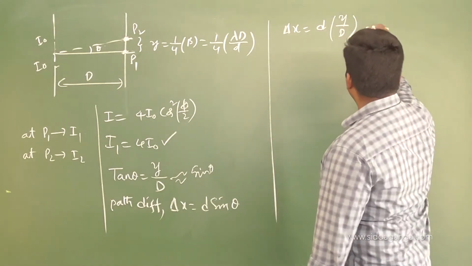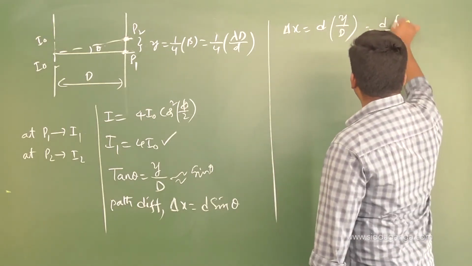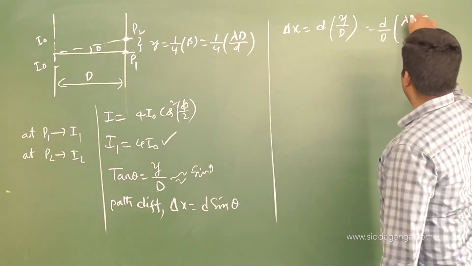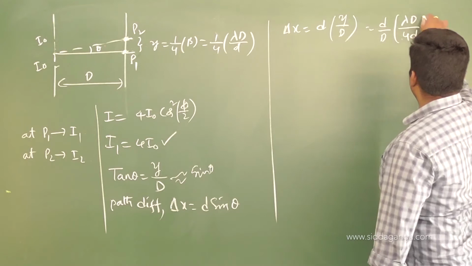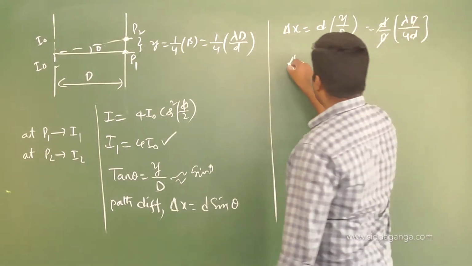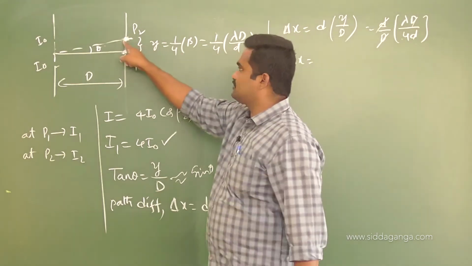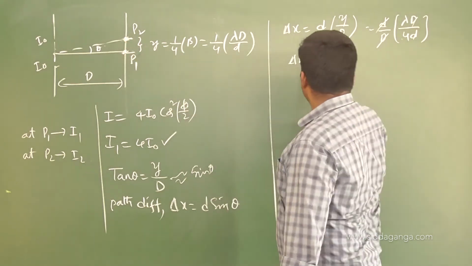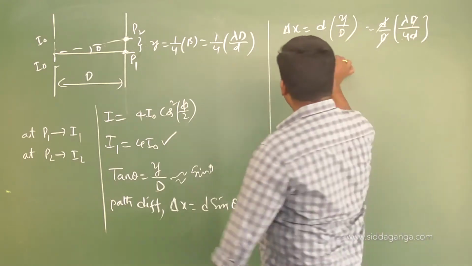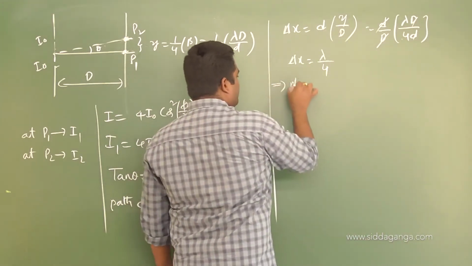So delta x equals d by capital D into y, and the value of y is lambda capital D by 4d. Capital D cancels, and finally the path difference for the waves reaching point P2 is delta x equals lambda by 4. If the path difference is lambda by 4, then what is the phase difference phi?